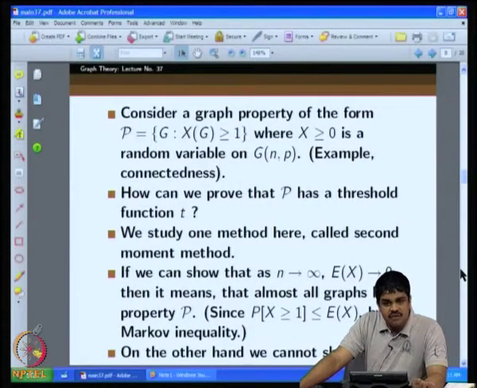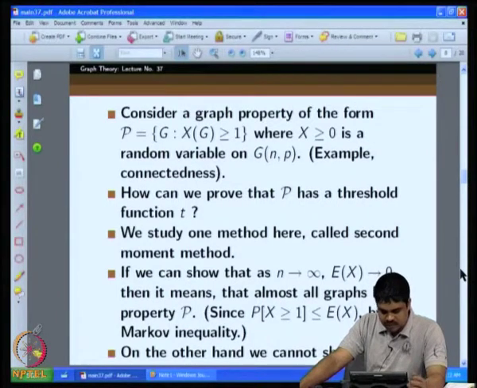Similarly, we can have many other possibilities. So, you can define the random variable accordingly and make sure that the property that we are looking for is captured by whether the random variable is 0 or 1 or more.